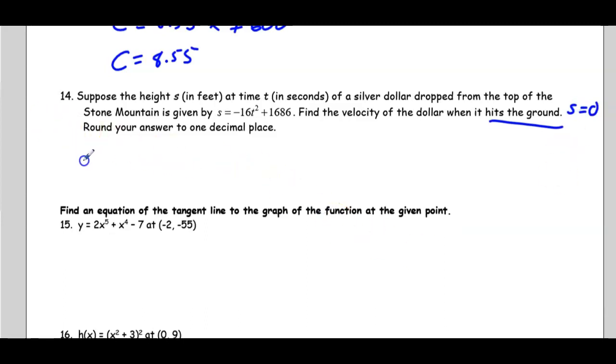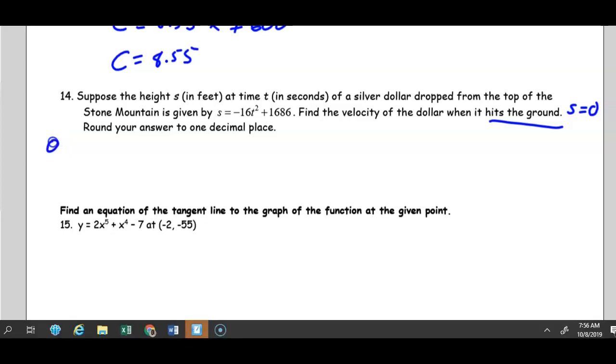So what we do is we're going to set the height equal to 0. So 0, because S is 0 at the ground, equals -16t squared plus 1,686. The reason I did that is because S is 0, it's at the ground. So now I can find the time it took to get to the ground.